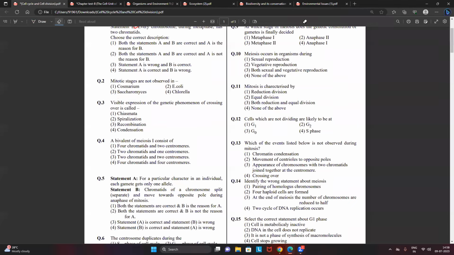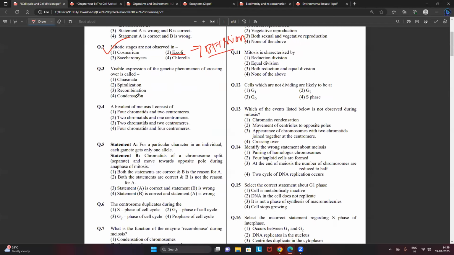In eukaryotes you can see mitosis. What about E. coli? E. coli is a bacterium, right, friends? Bacteria can show what kind of mechanism? Bacteria will show binary fission, so you can't observe mitosis there. Yes. Good.